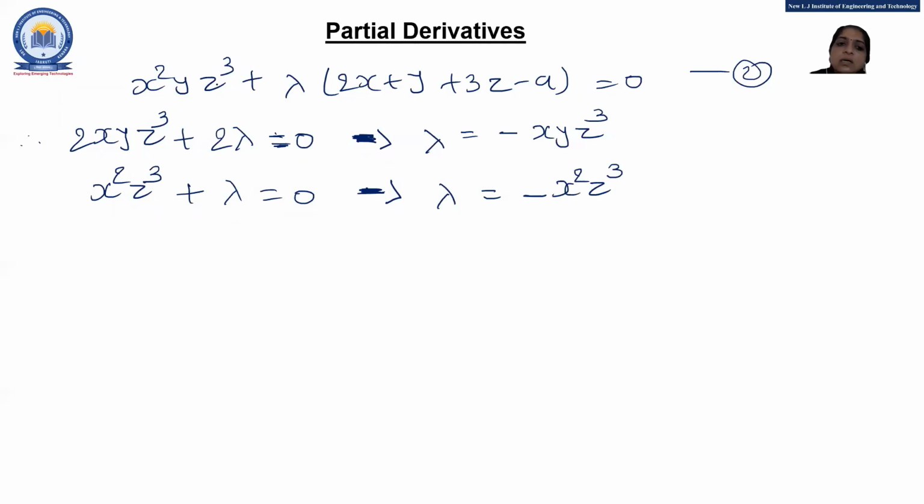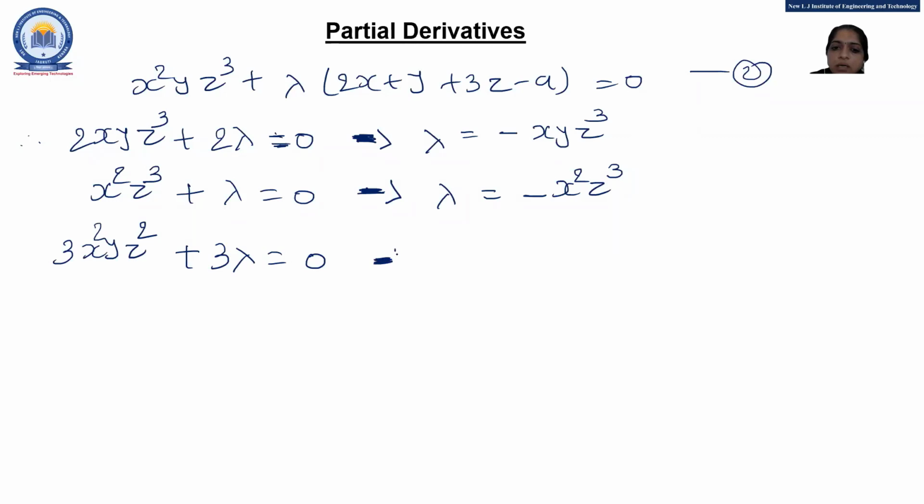And similarly, the partial derivative of equation 2 with respect to z: the derivative of z cube is 3z square, and at that time x square y stays the same. So 3x square y z square, and the second term is 3 lambda, since the derivative of z with respect to z is 1.